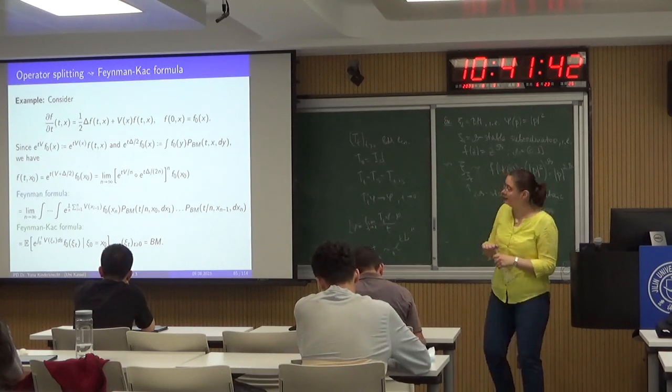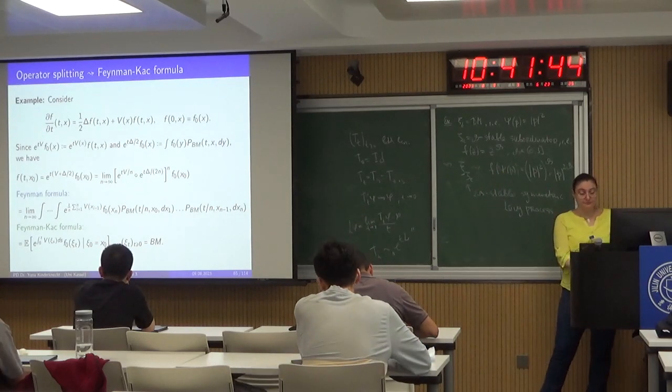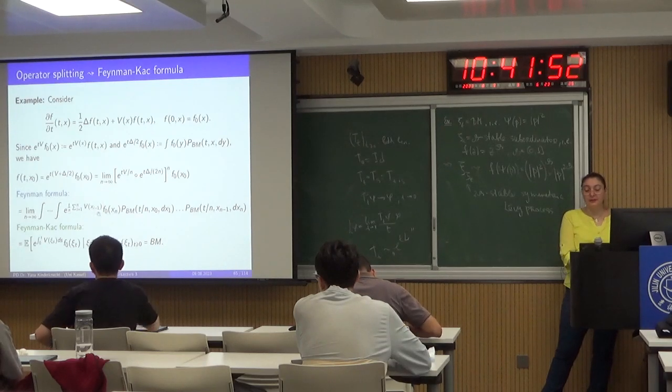On the other hand, you can see that here we have e to the power of something. This is nothing else but a Riemann sum for an integral of this type.